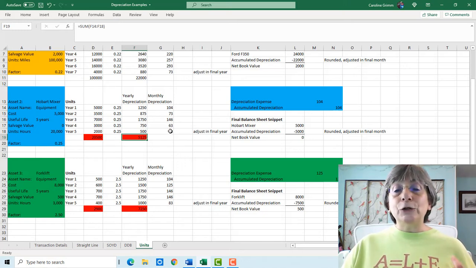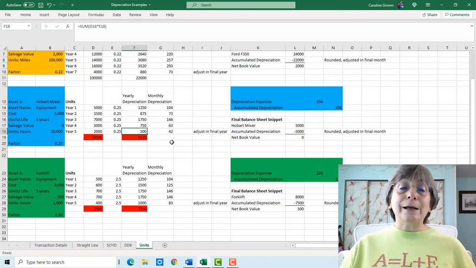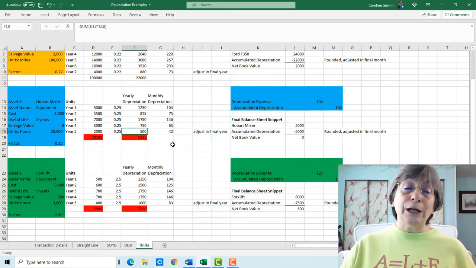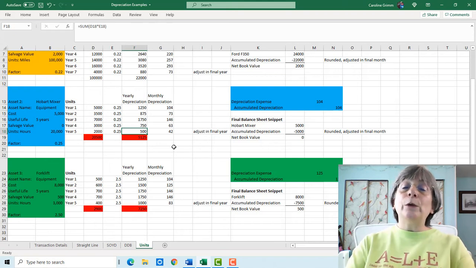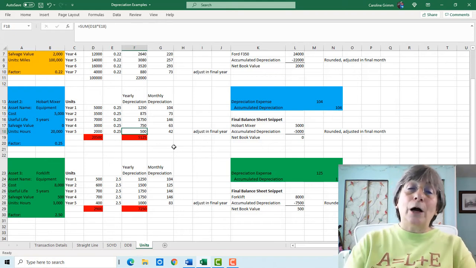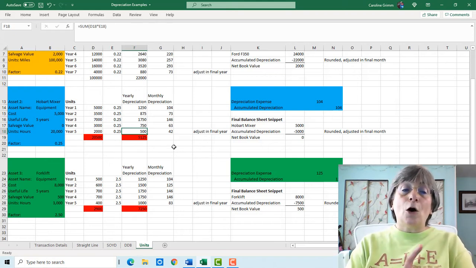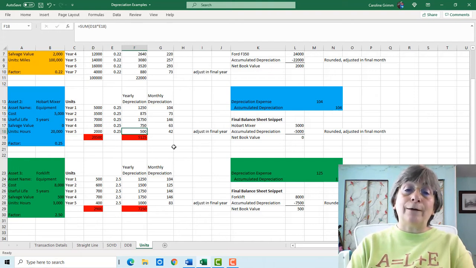So what we need to do is adjust that in the final year. Rather than taking $500 for depreciation in that year, we need to reduce it so that we are not over depreciating our asset. So we would subtract that extra $125 off of our yearly depreciation of $500.